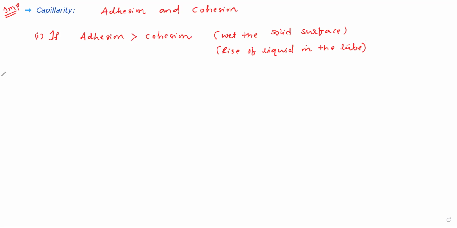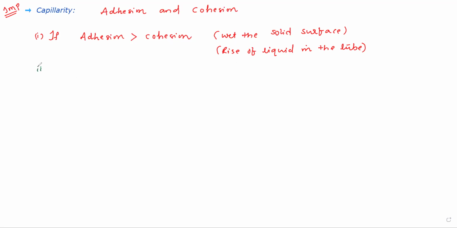And next, the very first condition is what here? If the adhesion is greater than cohesion, then the liquid wets the solid surface, right? And this condition causes the rise of liquid in the tube.